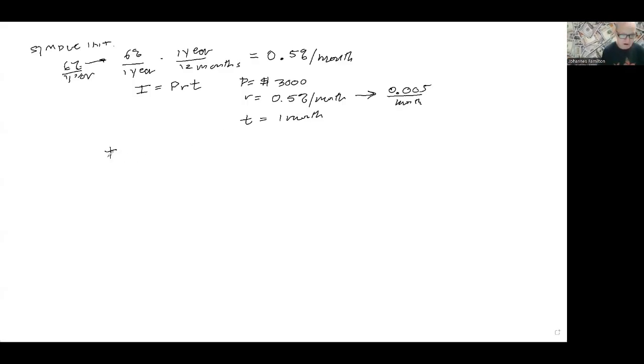So our interest finally will be our $3,000, that's our principal, times our rate, which is 0.005 per month, and then times 1 month.